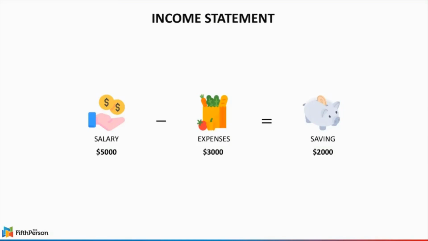So the income statement of a company is exactly the same as your personal finance. Just that the company uses different terms to describe the same thing. So right now, let us look at the financial statement of Alphabet. I want you to go back to what I just explained about your salary, your expenses, and also your saving.